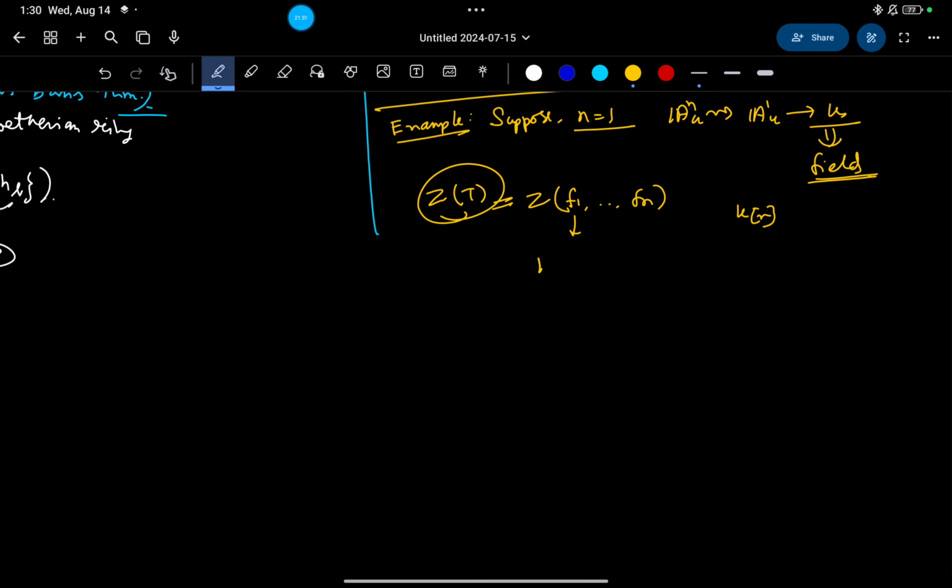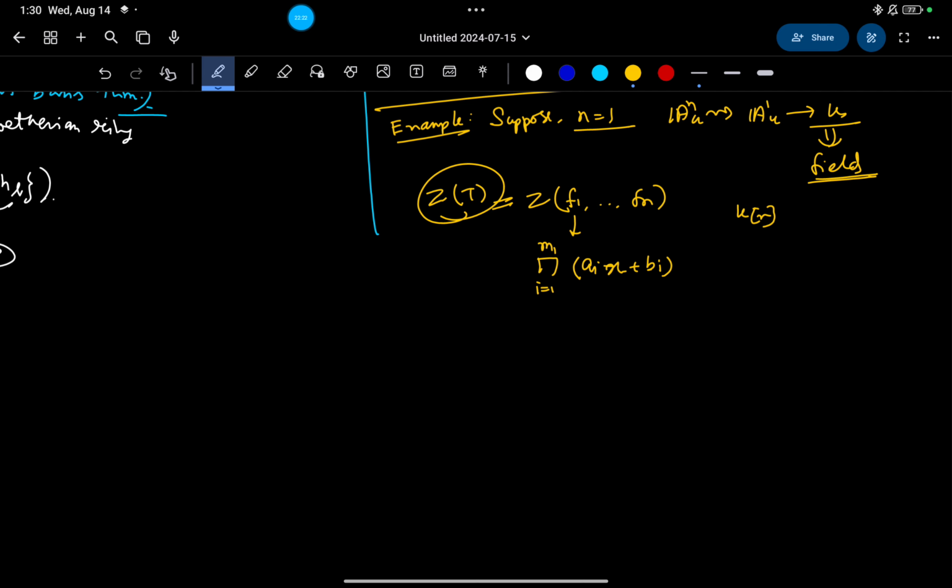So f1, let's say, contains some product over i equals 1 to m1 of (ai x plus bi). Okay. Similarly, f2 can be written as some product of some linear terms, and so on up to fn.